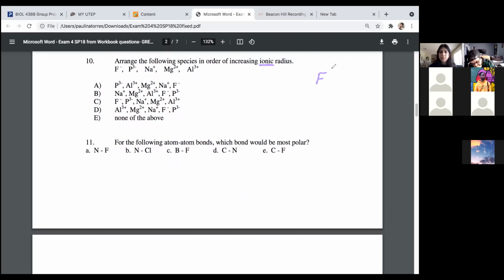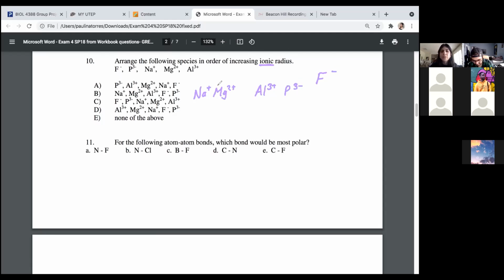Have F minus, P3 minus, sodium plus, magnesium 2 plus, and okay, hold on. I'm going to have to move this phosphorus over. Okay.